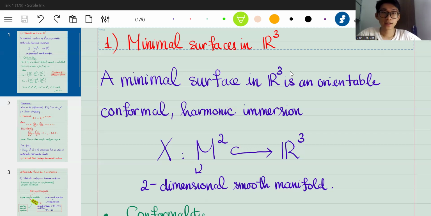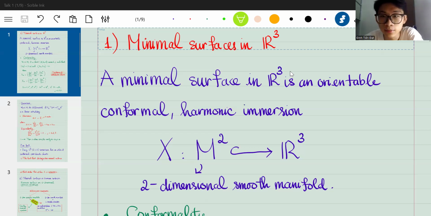All right, so for the first talk, I'm going to talk about minimal surfaces in R3. Note that this is going to work for arbitrary dimensional Euclidean spaces, but for the sake of convenience, I'm just going to talk about minimal surfaces in R3.